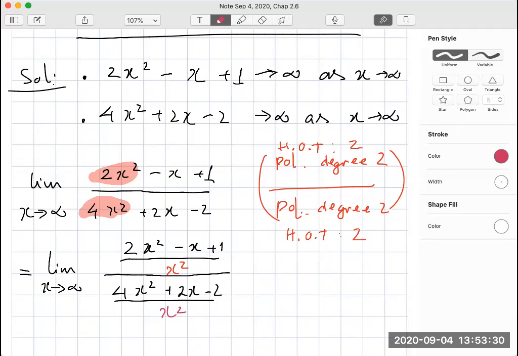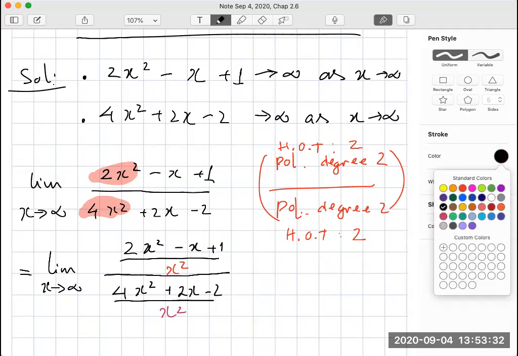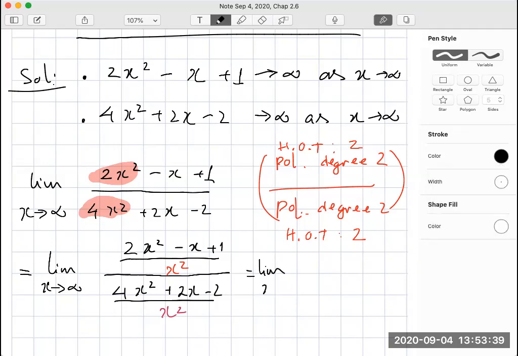But now it allows us to simplify. The numerator becomes 2 minus 1 over x plus 1 over x squared, and the denominator becomes 4 plus 2 over x minus 2 over x squared. Is it clear here?